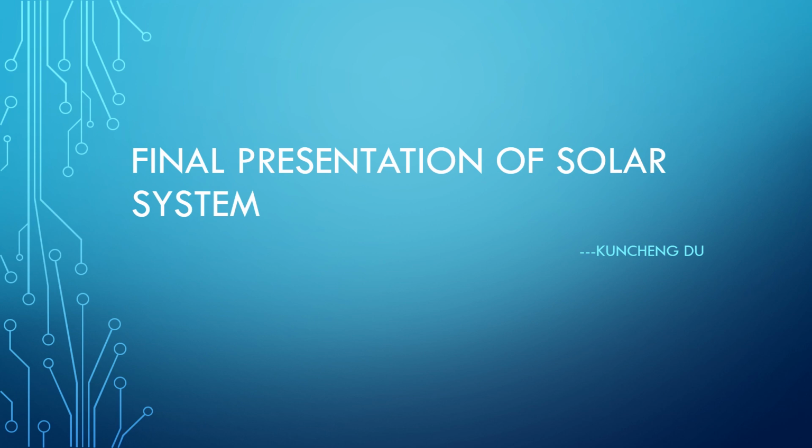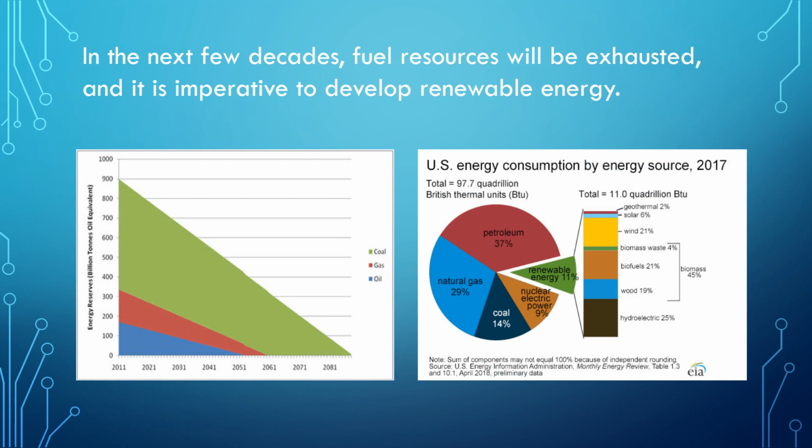My system is the solar system, and we have two figures here to introduce the background for designing the system. The first one shows that the fuel resources will be exhausted in the next few decades, where the three main fuel resources are coal, gas, and oil.